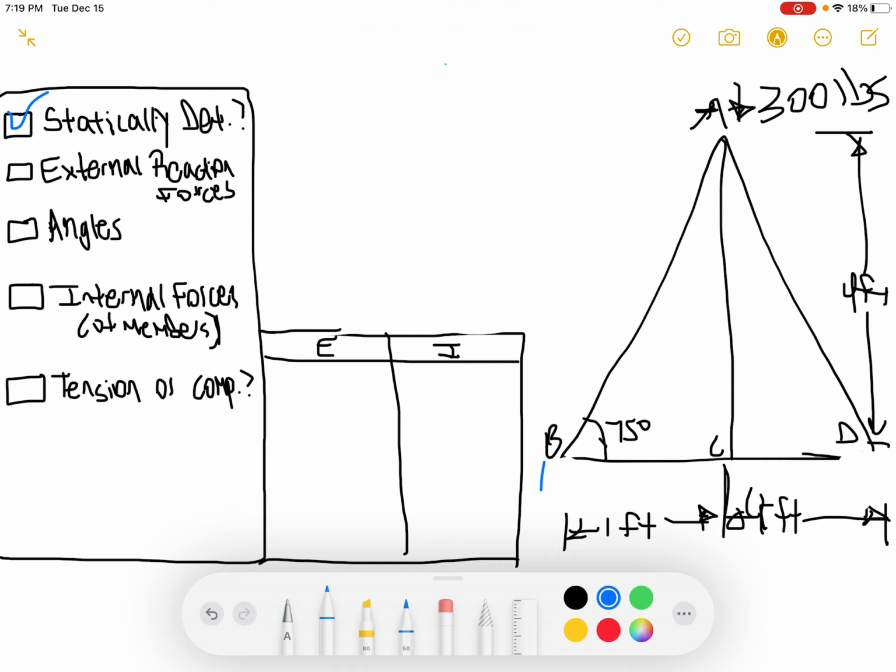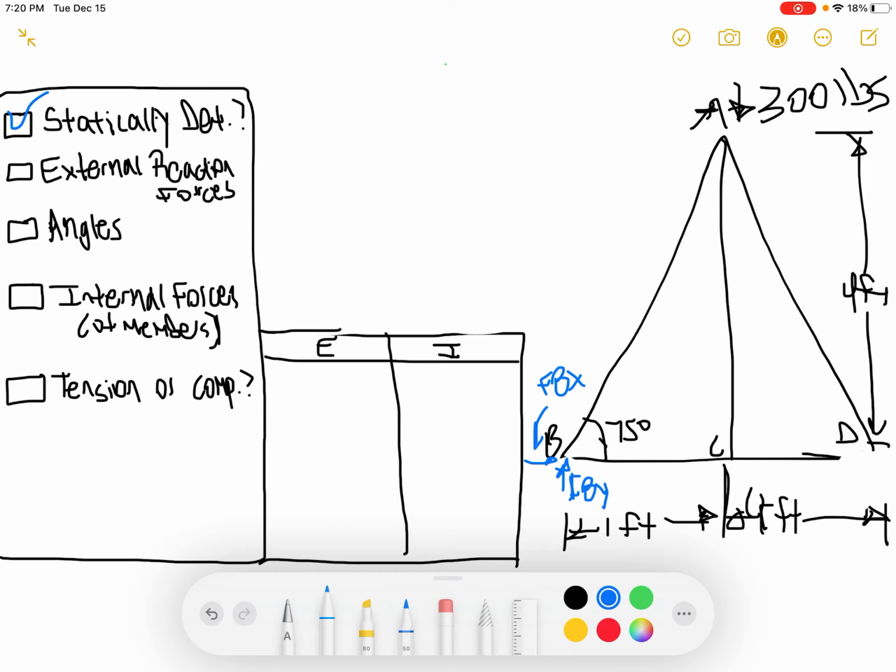Because this is joint B, we're going to call the forces FBX and FBY. So there's an FBX force right here. I'll have to do this because I can't fit it right there. FBX, and then up is FBY.